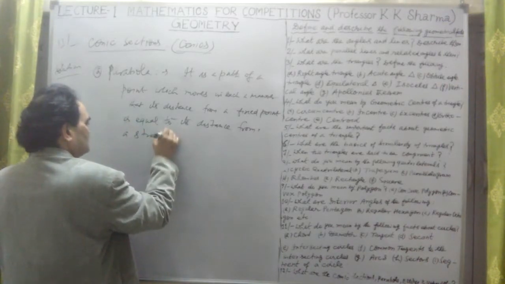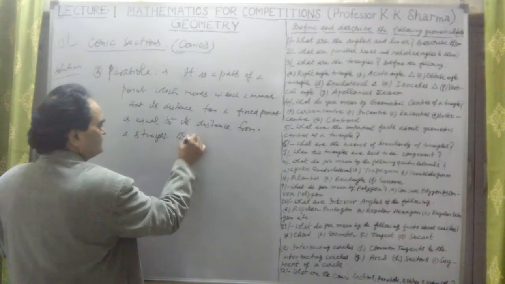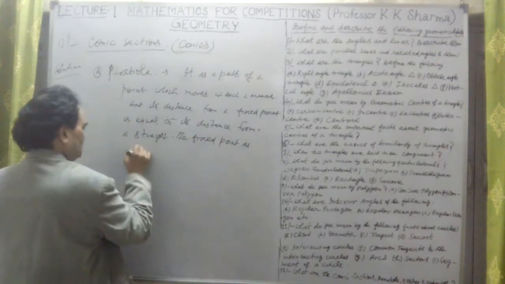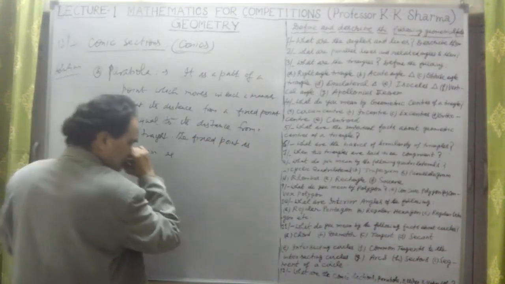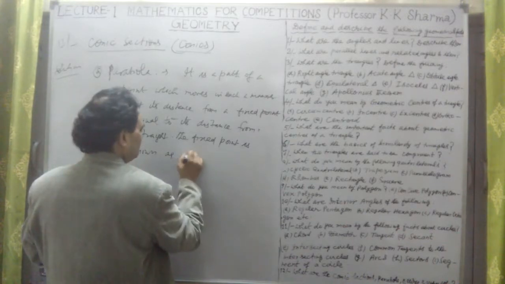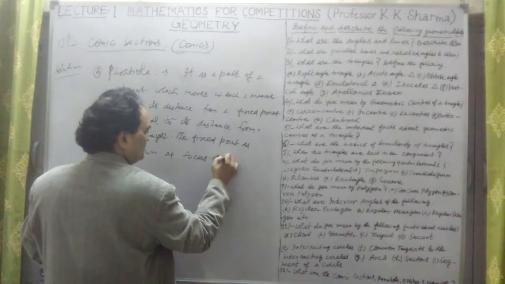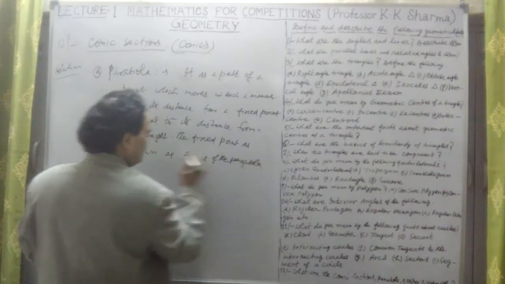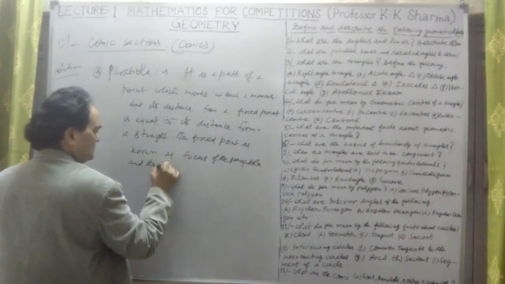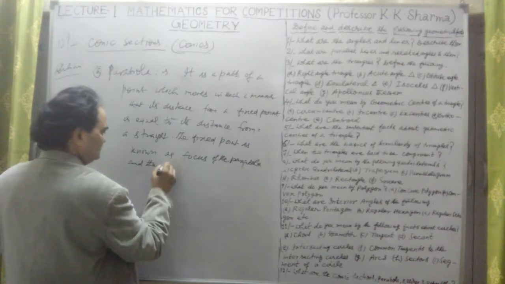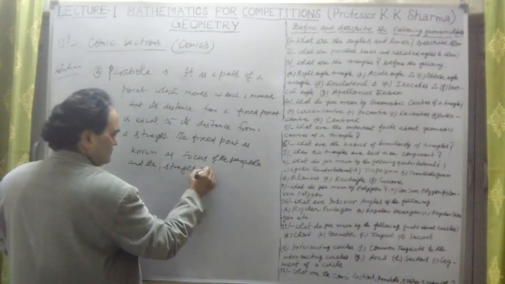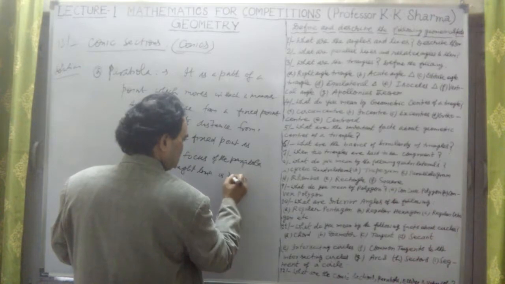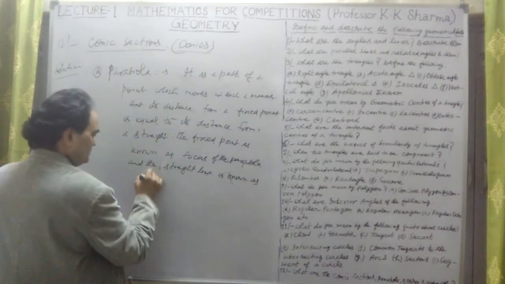Now let me just define it. The fixed point is known as the focus of the parabola, and the straight line is known as the directrix.